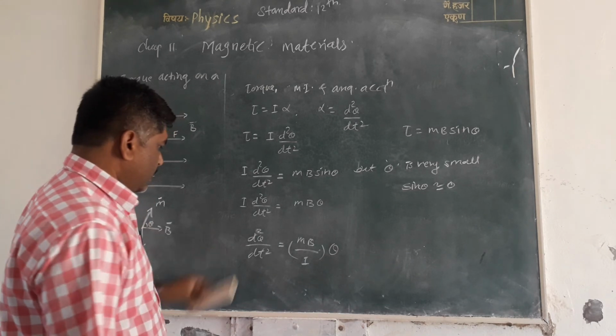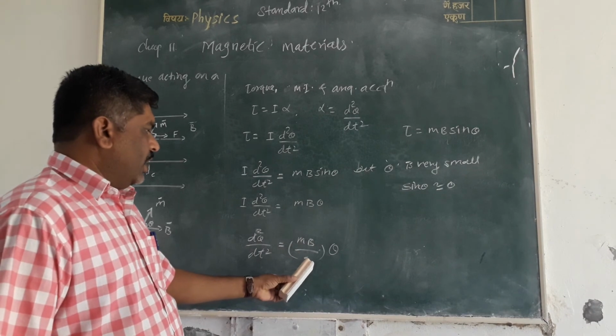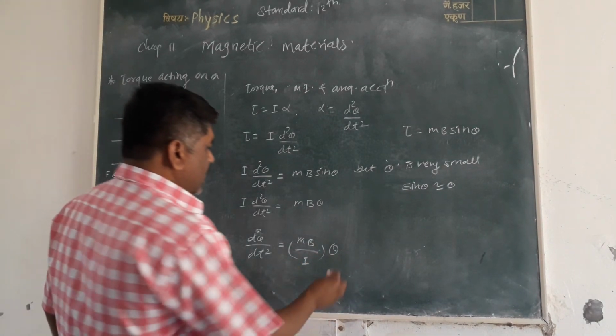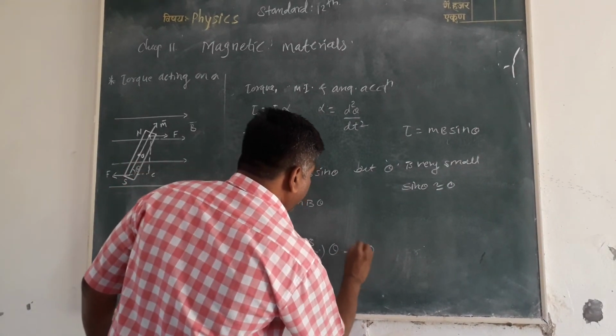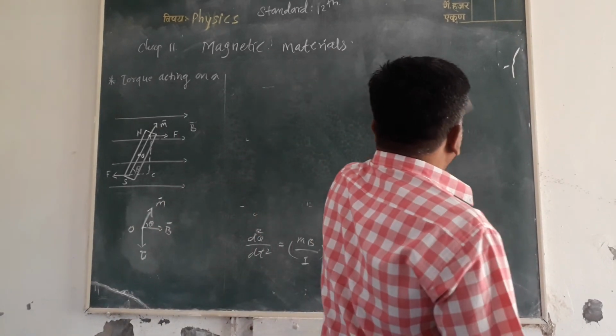Therefore, d square theta upon dt square is equal to MB upon I into theta. This is equation number 1.